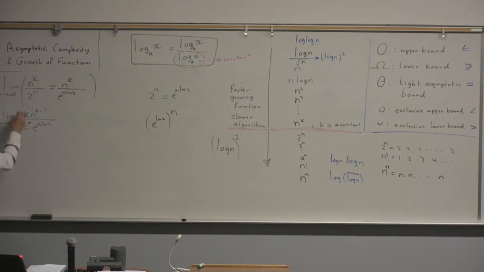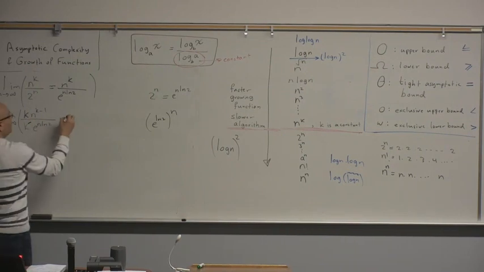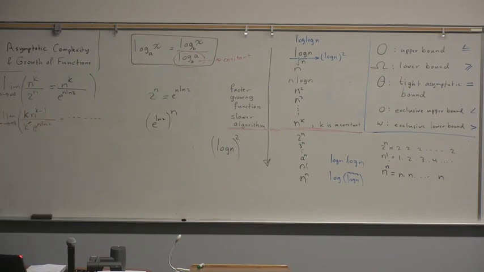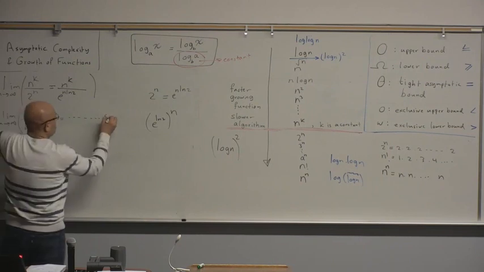Okay? Now, if we keep taking the derivative of this polynomial, eventually we will get to what? To a constant, right? Or even 0.